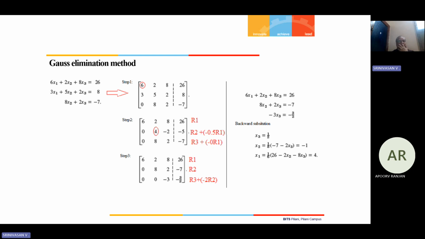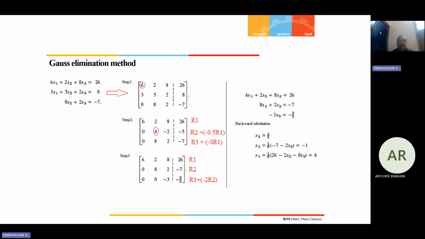Then only you will have zeros beneath the principal diagonal element so that it becomes upper triangular. So you need to do an operation on R3, but this time don't go to R1, because R1 is already used. Keep R2 fixed, stabilized, and do the operation of R3 on R2.